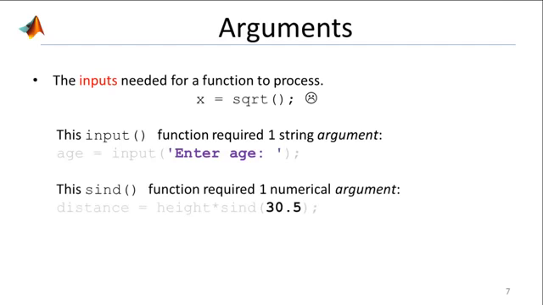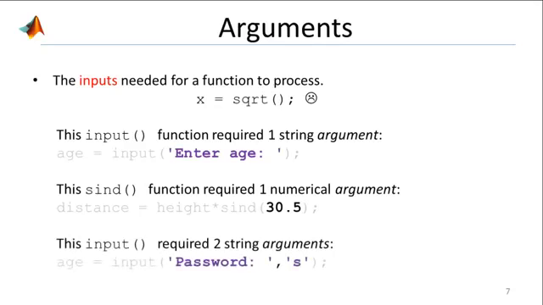The sinD function requires a numerical argument. In this case, again, if we did not put anything inside the parentheses, MATLAB would crash. Some functions can accept 1, 2, or 3 or more arguments. For example, the input function can use 2 arguments, both strings.